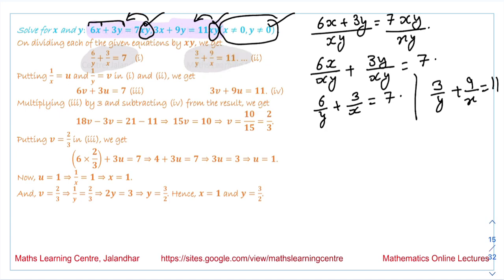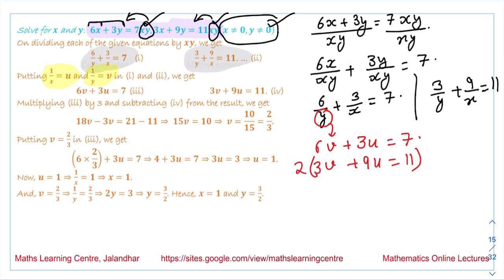Now the next step, we have substituted 1 by x is equal to u and 1 by y is equal to v. On doing this substitution, our equation becomes 6v plus 3u is equal to 7. It is y over here, so we are getting v first. Then it is 3v plus 9u is equal to 11.